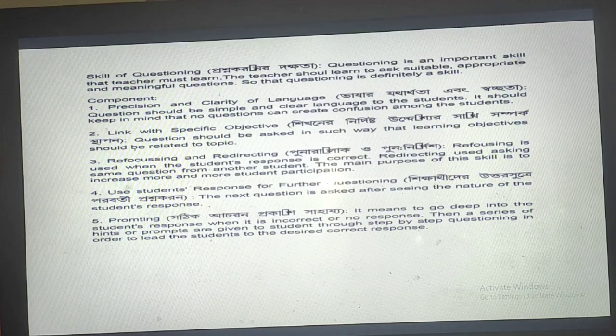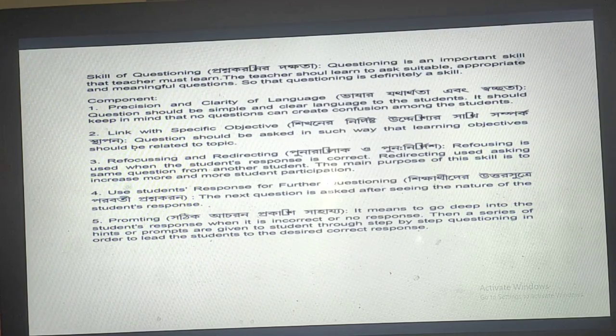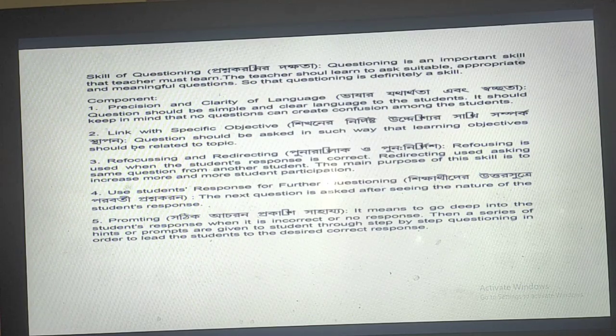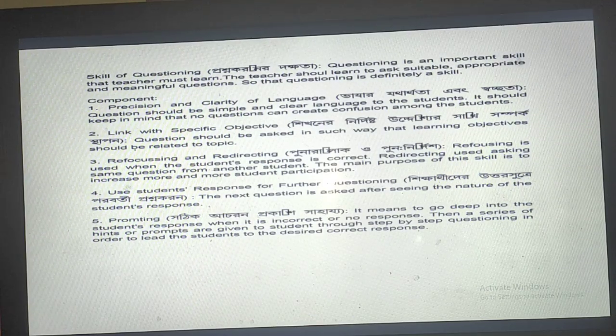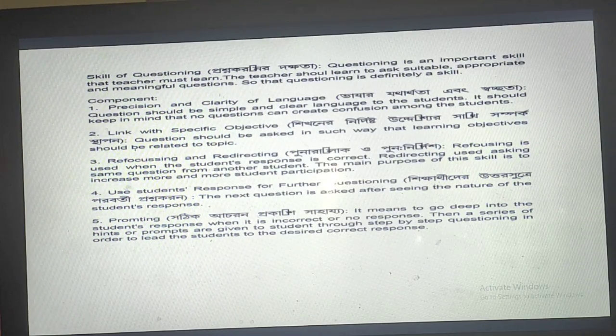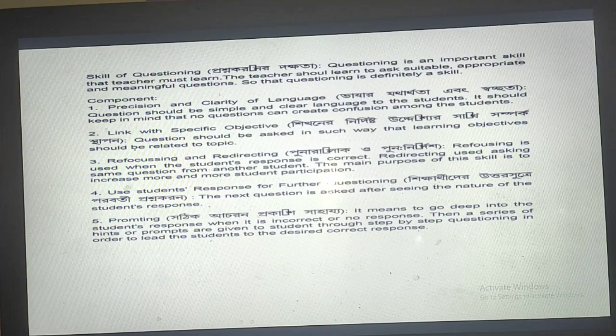Use student responses for further questioning: after getting the student response, the teacher goes to another area of the following topic and asks some questions.